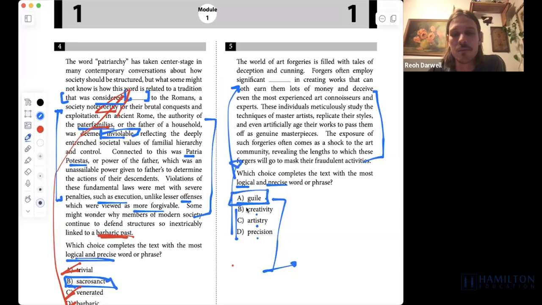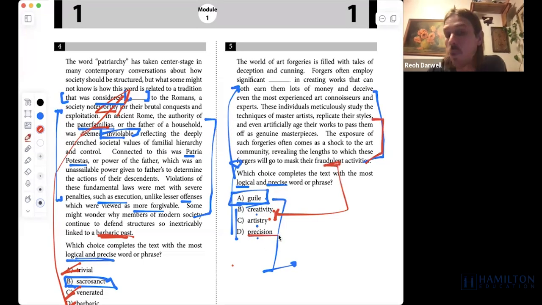So I would point to a few things. Is there much of a difference between creativity and artistry? Those two things mean practically the same thing. We see both of those in here. But guile is an overarching umbrella that includes those two things in this instance, but with the particular connotation of what's going on here, which is deception, a type of thievery.